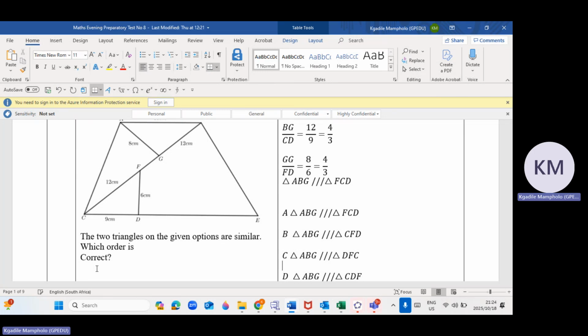Remember, when you show similarity, you must show them the way they're equal, and the equal angles are the ones opposite to the sides that we divided together.